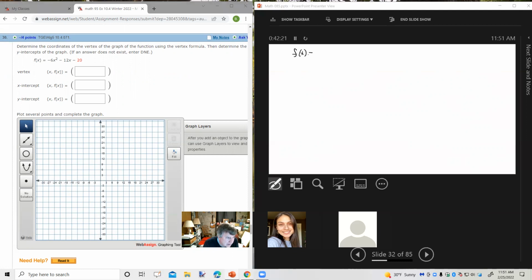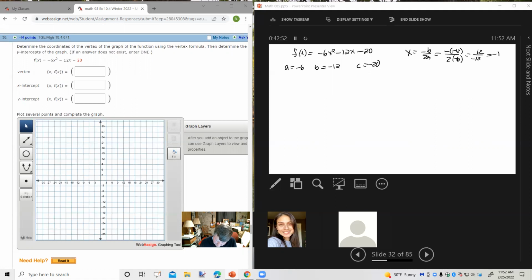All right, so we've got f of x equals negative 6x squared minus 12x minus 20. A is negative 6, b is negative 12, and c is negative 20. X equals negative b over 2a is negative times negative 12 over 2 times negative 6, which is 12 over negative 12, which is negative 1.